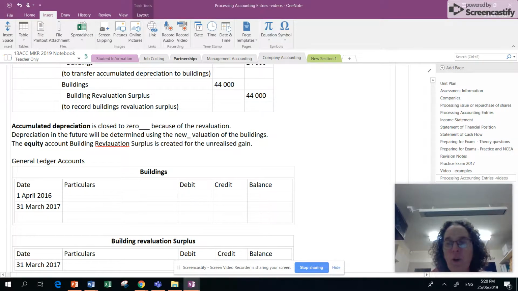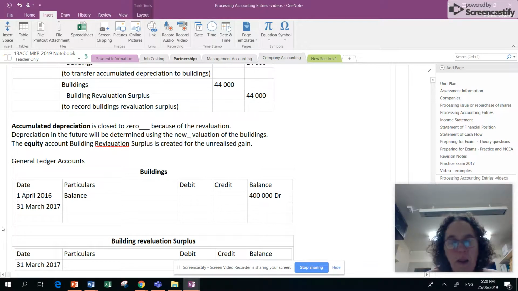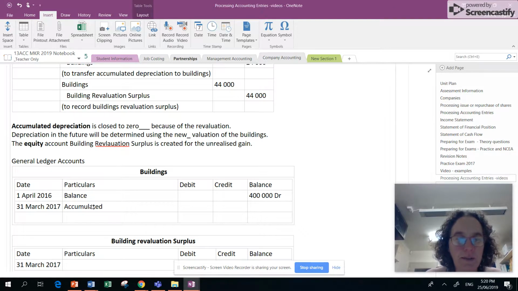Now we just want to look at the ledger accounts, because you could be asked to do ledger accounts. We're going to have our balance in our building account, which is the $400,000, which is what it was. It's a debit balance because it's an asset. Then we've got the transactions that happen on the 31st of March. The first one is writing off the accumulated depreciation, so we're closing that off to the buildings account.